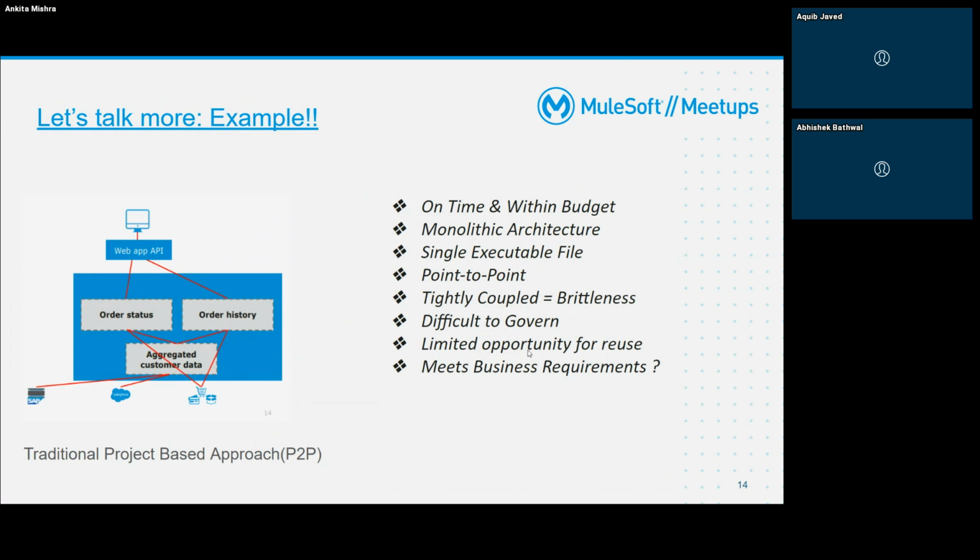Limited opportunity for reuse. This is the set of code that you have created to cater to a particular set of clients through a web application, but the way this has been designed, you will not be able to reutilize it in any other applications which demand similar functionality. For example, you have different kinds of e-commerce websites around you, and behind the scenes their logic layer is the same, right?